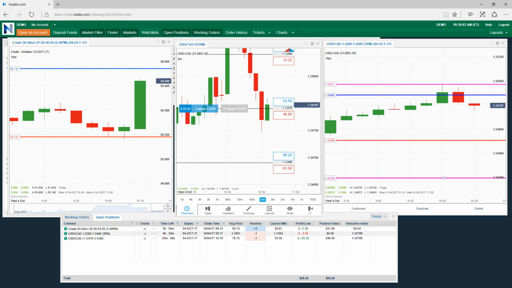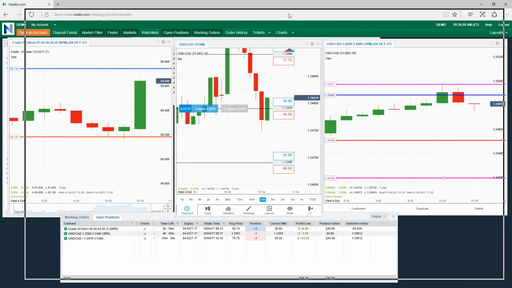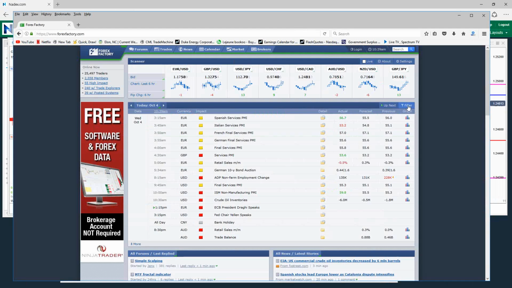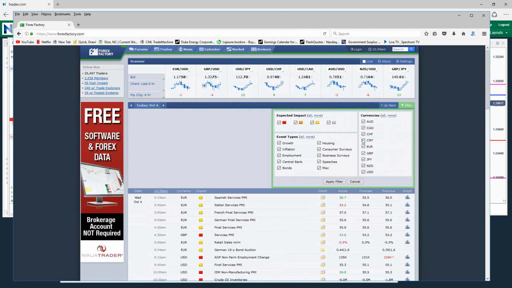Let's see. Let me bring it up for you. And it actually has different filters that you can apply to it, which is what I like about it. So here, if you go to filter, you can filter any of the currencies.